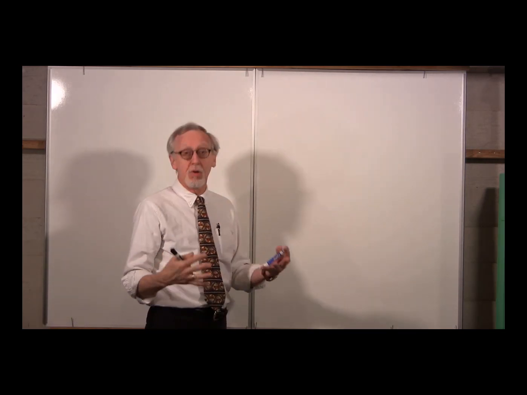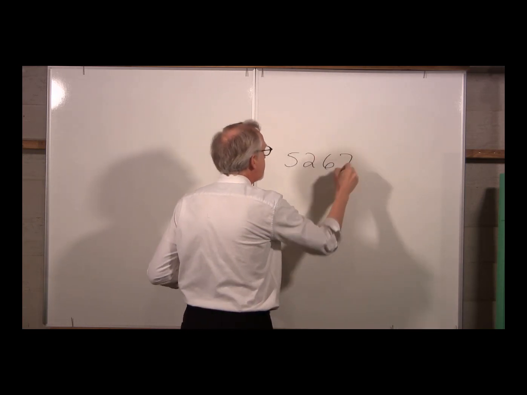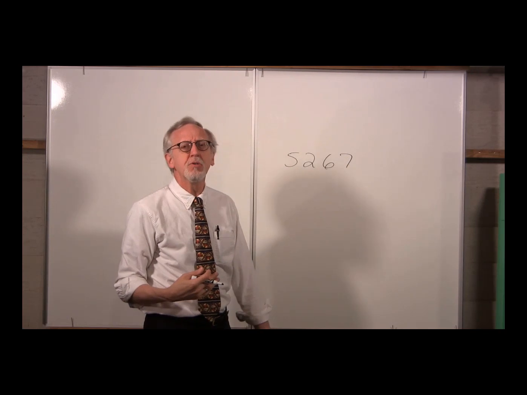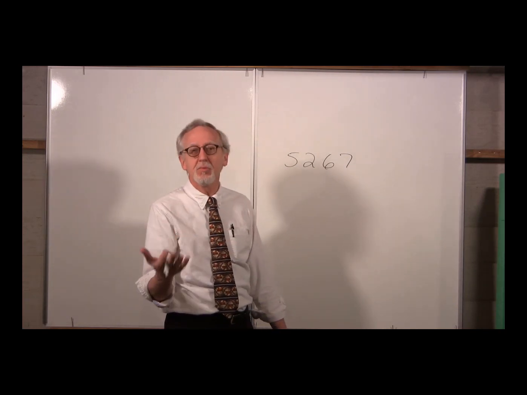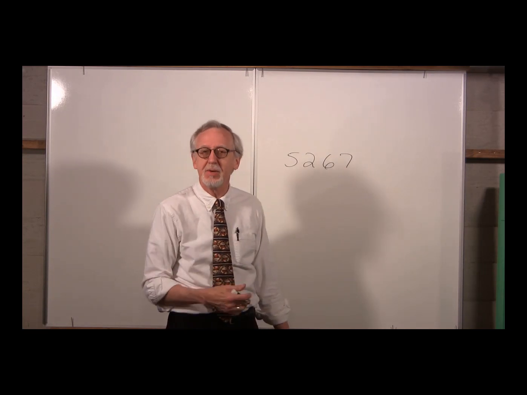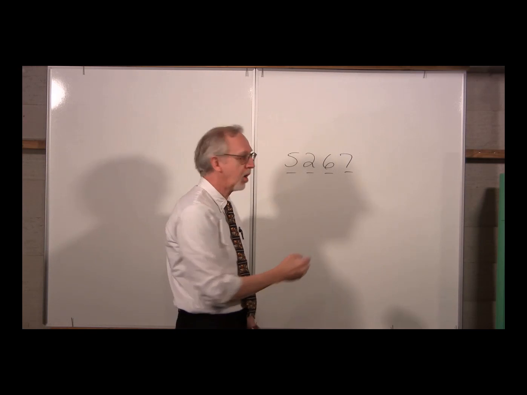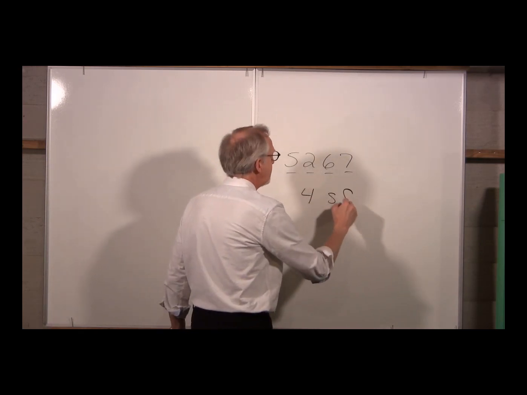When there are no zeros in a number, like 5267, you can basically just count up the number of numerals in the quantity, and that tells you how many sig figs it has. For example, this has 1, 2, 3, 4, so this has 4 sig figs.